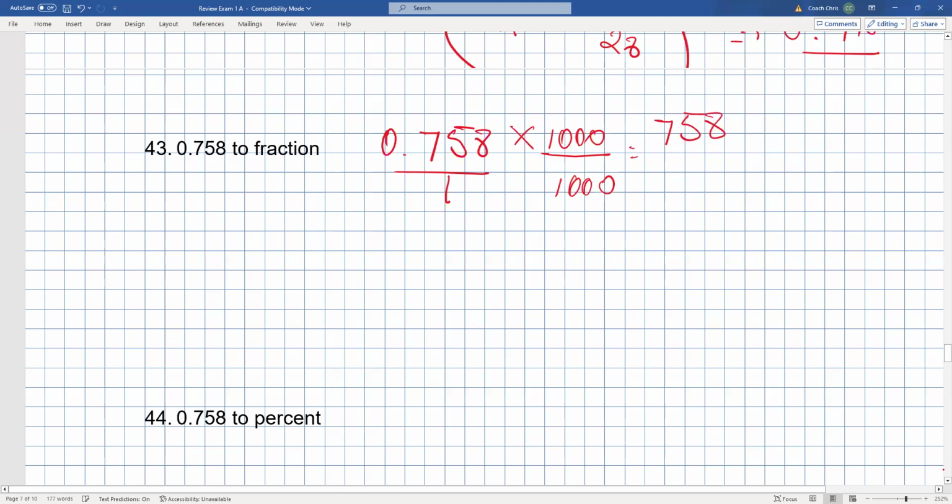You're now going to have 758 over 1,000. If you have to simplify, go ahead and simplify that one. If you simplify 758 divided by 2, you will have 379 over 500.